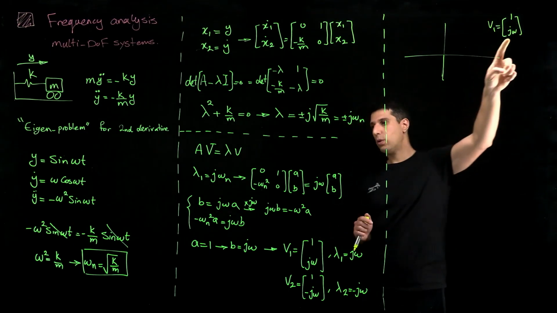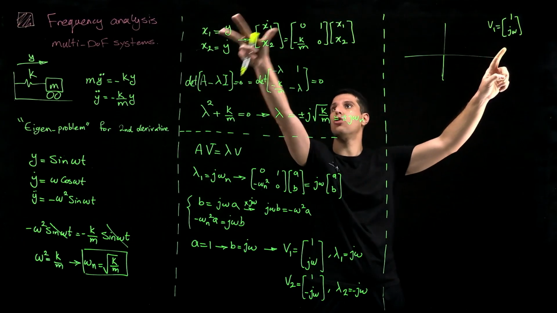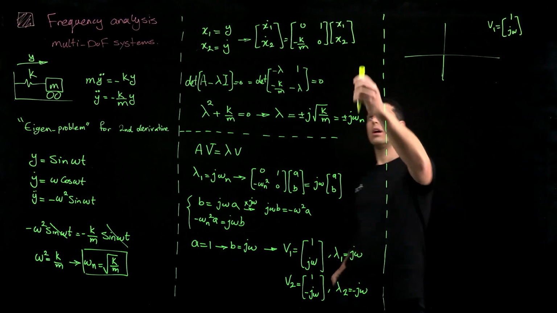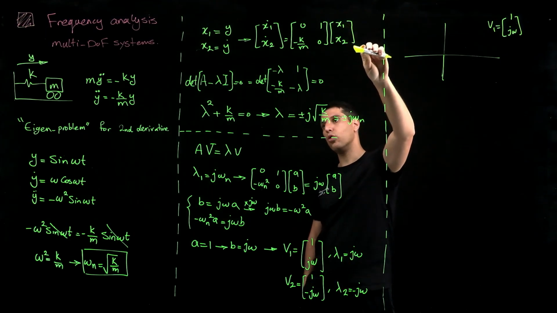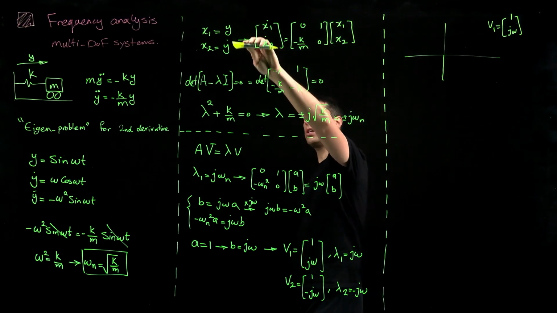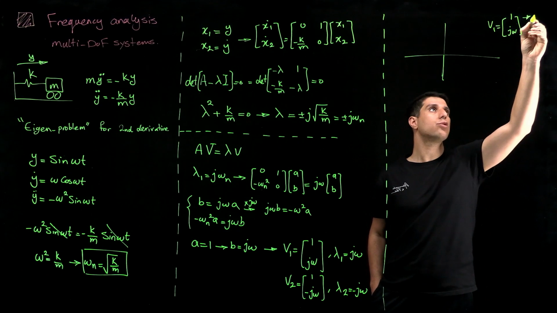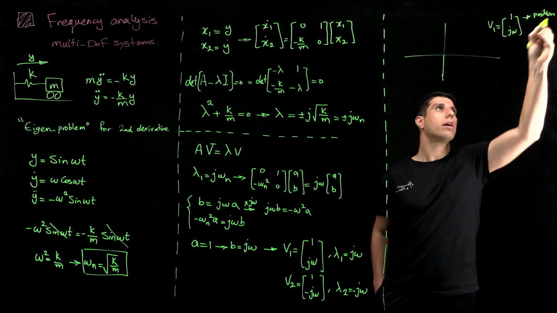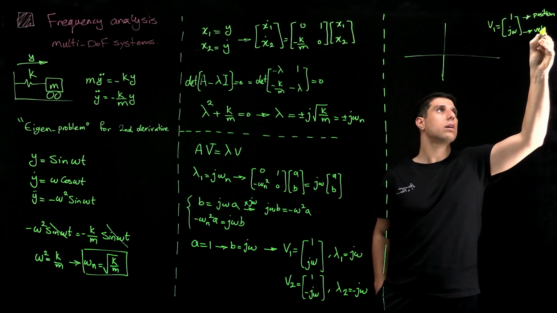So it was a vector in this domain, right? It is the vector that is acting in the x1 and x2 domain, or in the position and velocity domain. So the first element is related to position, and the second one is related to velocity.